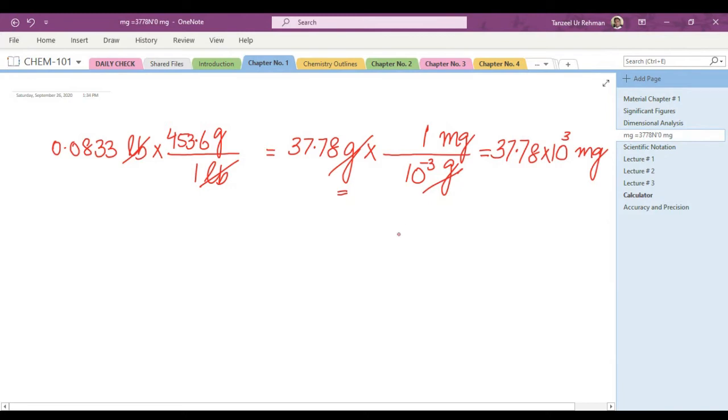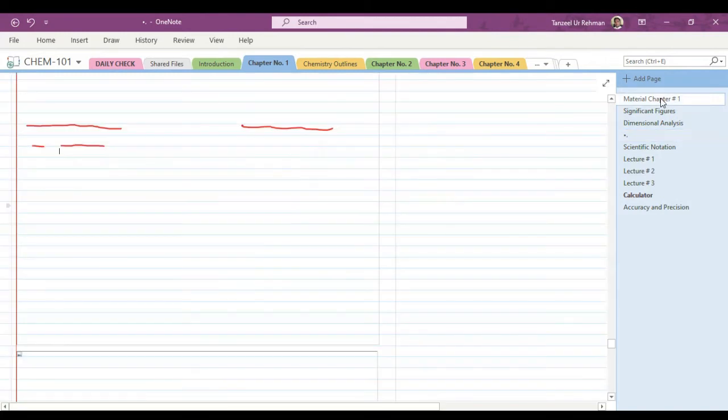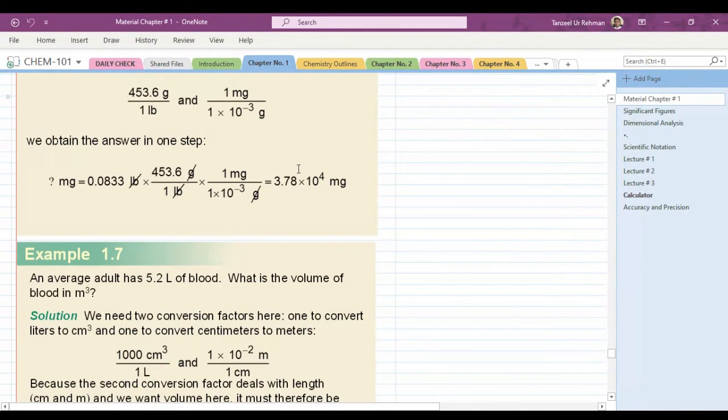Now this is our answer, but when we write it in scientific notation, it is 3.778 into 10 to the raised power 4 milligram. So 0.0833 pound is equal to 3.778 into 10 to the raised power 4 milligram. Okay, now let's move to the next example. Okay, students, the answer is written here.